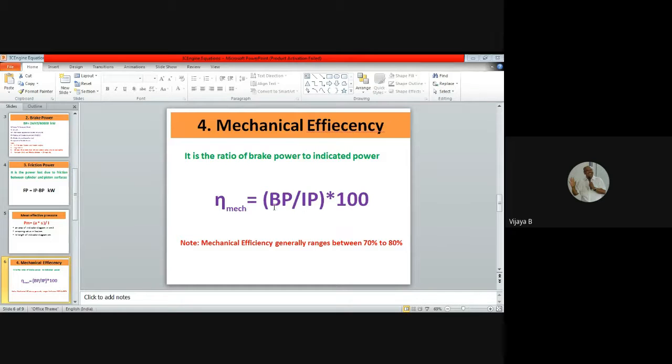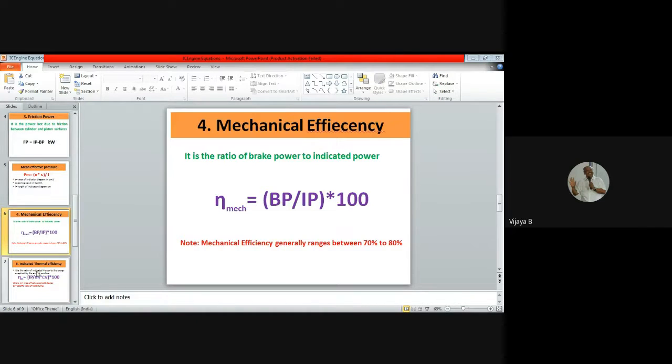Normally, mechanical efficiency value ranges between 70 to 80%, not 100%. If it gives a value of 100%, then it is considered an ideal engine. But normally, all practical engines will have a mechanical efficiency in the range of 70 to 80%.